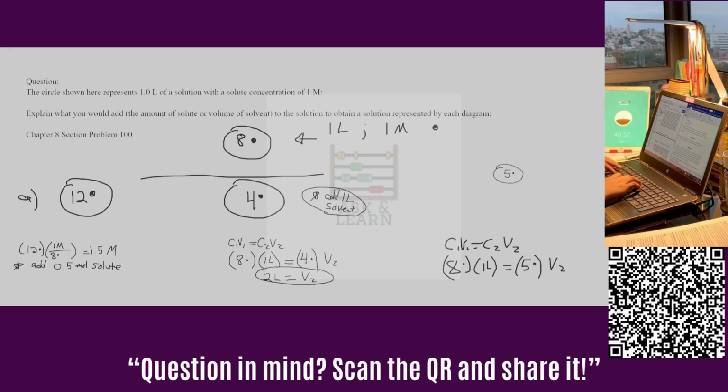And 8 divided by 5 is equal to 1.6, which is the total volume. So add 0.6 liters of solvent is what we need to do there. Anyway, that's how you do this question.